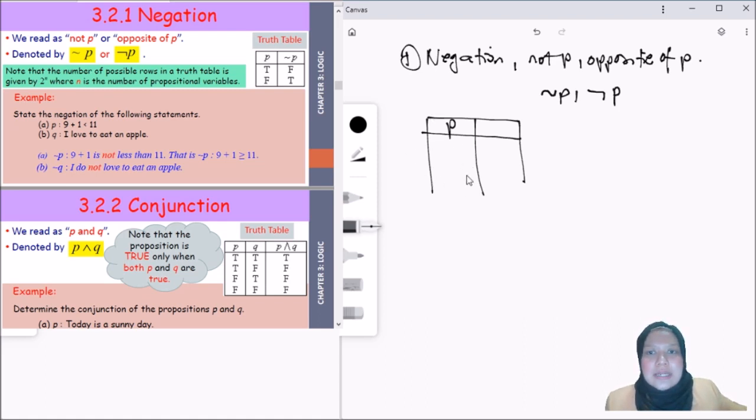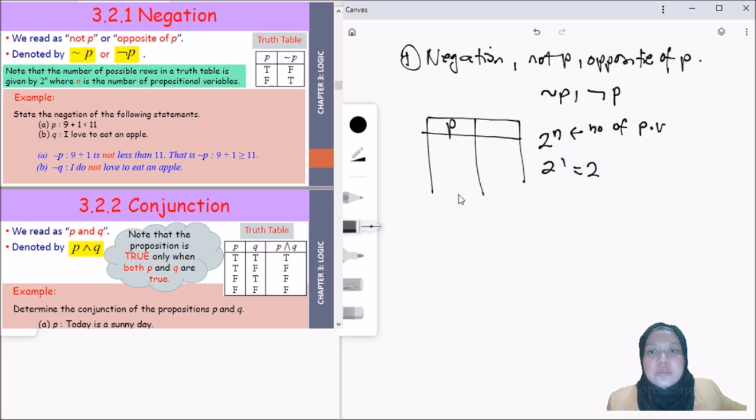The number of possible rows here is given by 2 to the power of n, where n is the number of propositional variables. Here the propositional variable is 1, so 2 to the power of 1 equals 2.